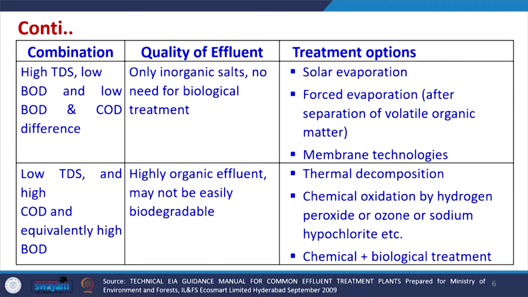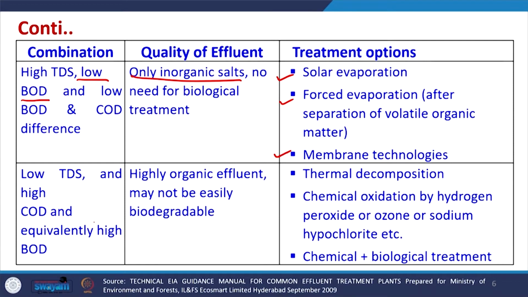Similarly, if there is high TDS, but BOD is low and the difference between COD and BOD is also low, that means only inorganic salts are present and there is no need for biological treatment. We can go for solar evaporation, forced evaporation or membrane technologies.